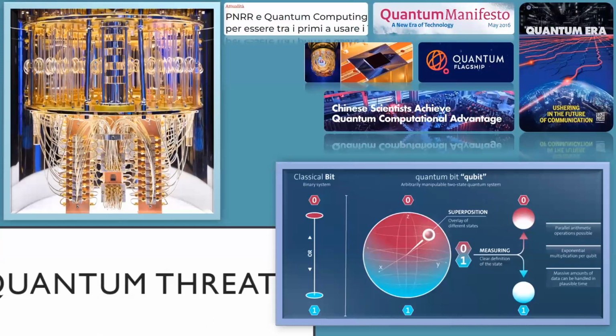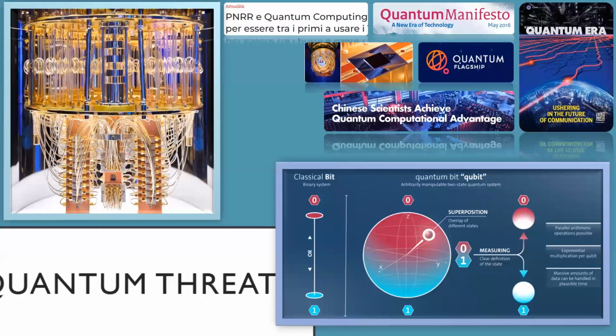This has led to a sort of quantum race in Italy, but also in Europe, in China, in the United States, and in many other states. There is a sort of quantum fever to create the most advanced technology, and to prevent malicious actors from reaching this kind of technology before governments, for example.